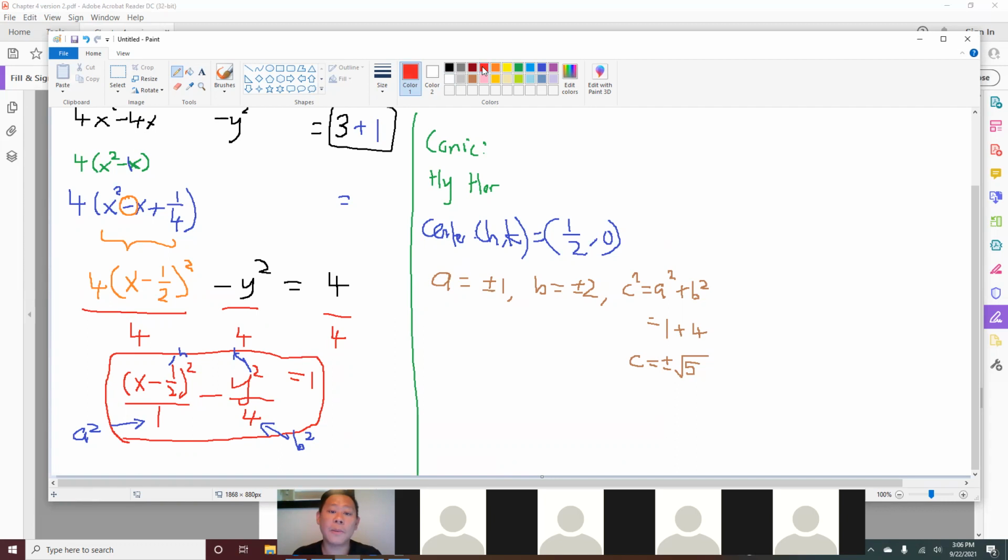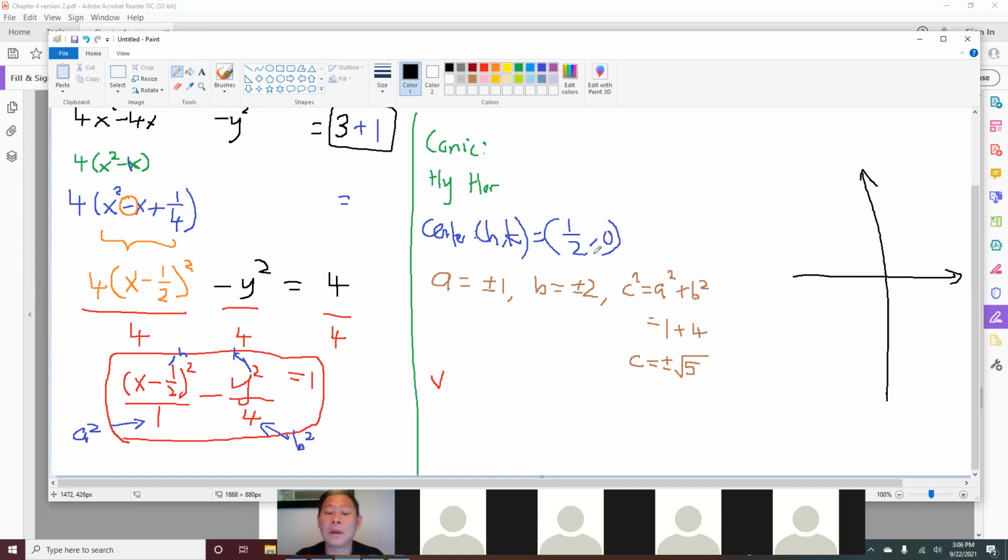The next thing we're going to talk about is your vertices. Now, since you tell me it's a horizontal, horizontal means if you draw the graph, everything is going to be on the horizontal line.